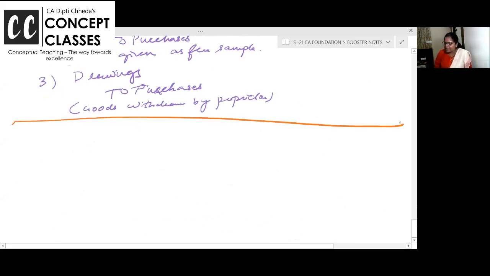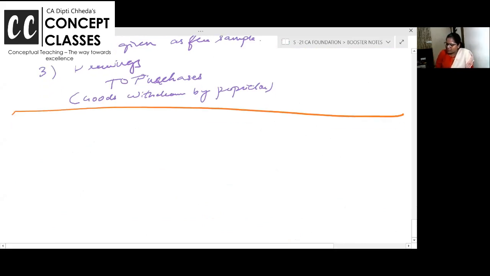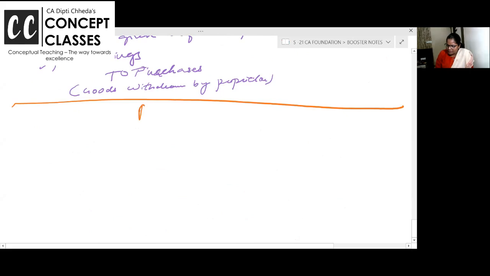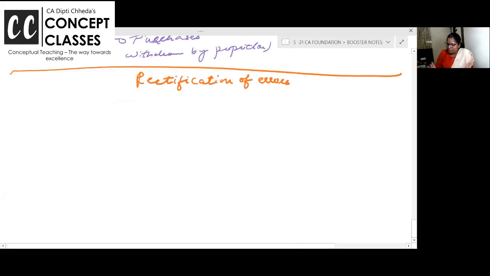Maintain a separate book for the booster notes. I'm starting a new topic in the booster notes: Rectification of Errors. Okay, all clear? Chalo.